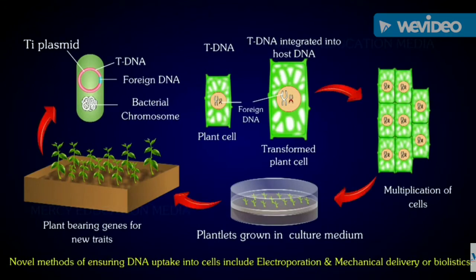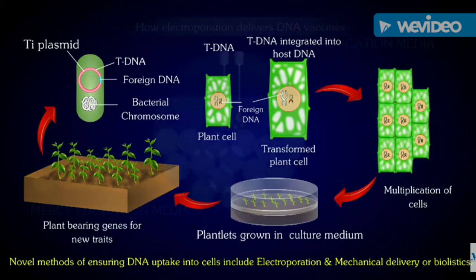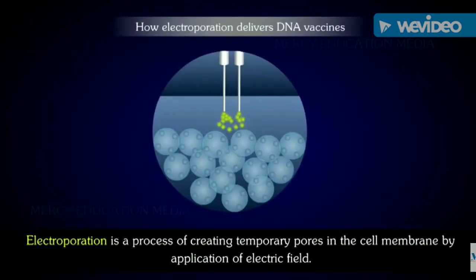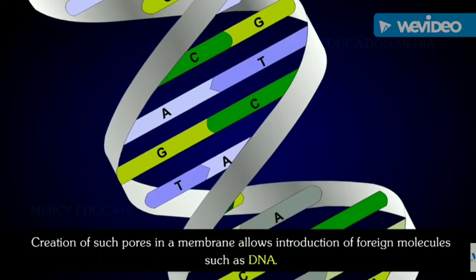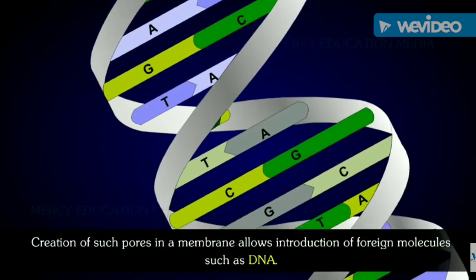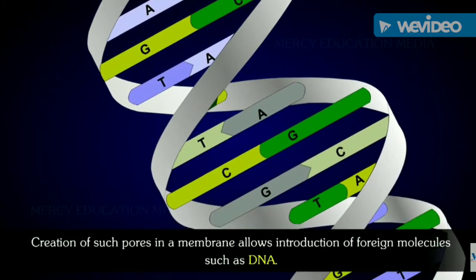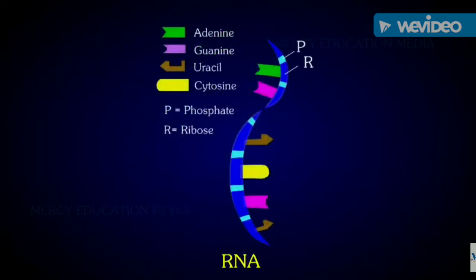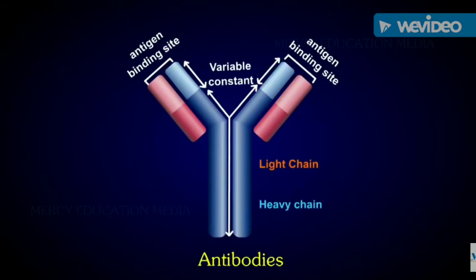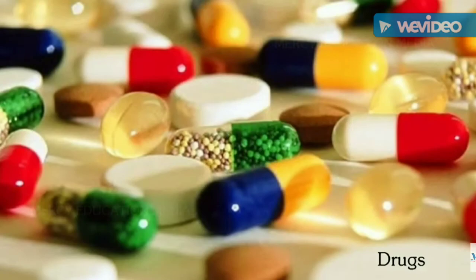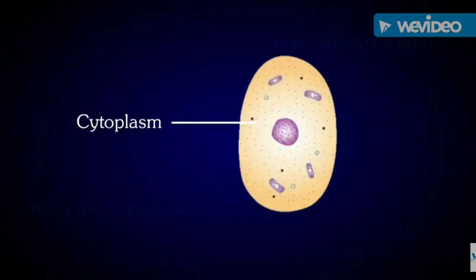Novel methods of ensuring DNA uptake into cells include electroporation and mechanical delivery or biolistics. Electroporation is the process of creating temporary pores in the cell membrane by application of an electric field. Creation of such pores in a membrane allows introduction of foreign molecules such as DNA, RNA, antibodies, drugs, etc. into the cytoplasm.